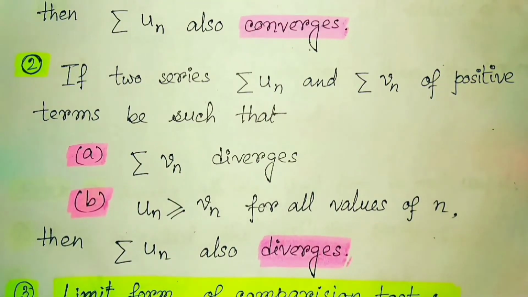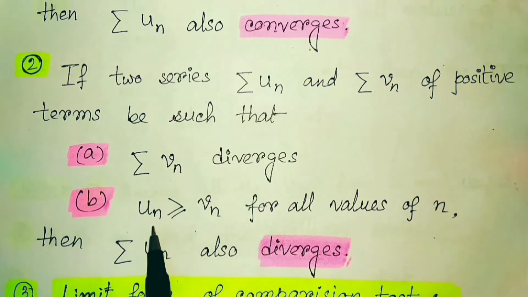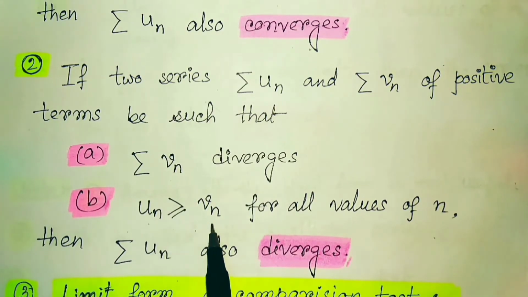If two series summation un and summation vn of positive terms are such that summation vn is divergent and un is greater than or equal to vn for all values of n, then we can say summation un is also divergent. First of all, remember that whatever series we consider as un, these are all series of positive terms.